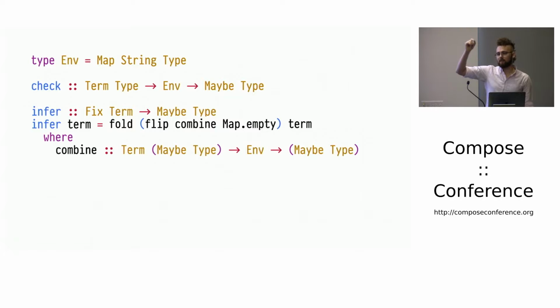And when I find a binding site, I need to expand my environment as I proceed down into the binding site so that I can then type check things with an expanded environment that includes the types that I've discovered. But this is in contrast to the direction that the recursion of fold gives us, because when we fold up from the bottom, in order to fold up from the bottom, we need information that's coming down from the top.